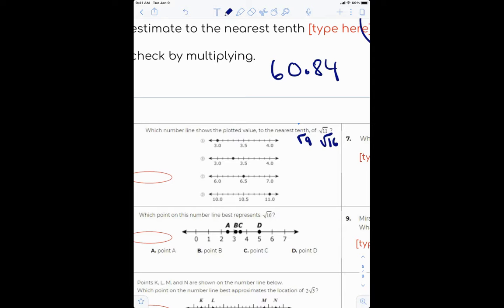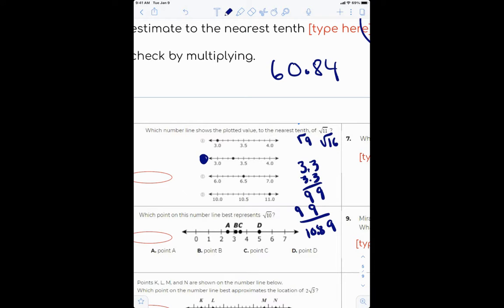When I look at those number lines, I know it's going to be about B, about 3.3. If I multiply that out, I come up with 10.9, which is pretty close.